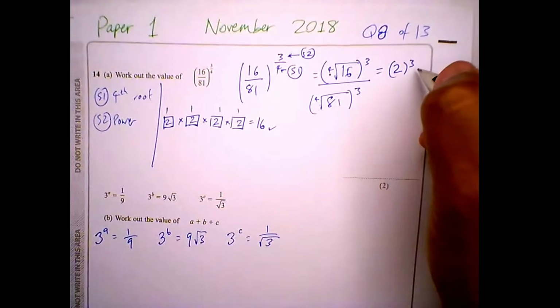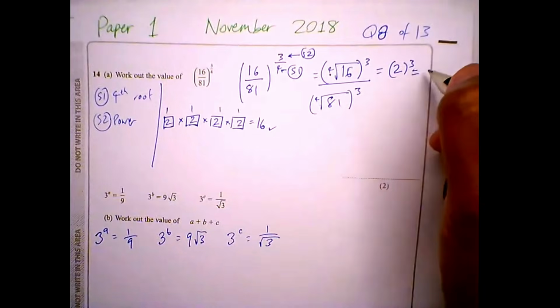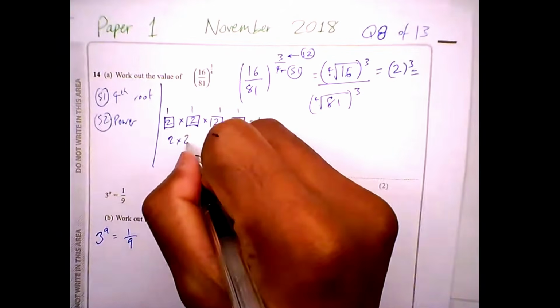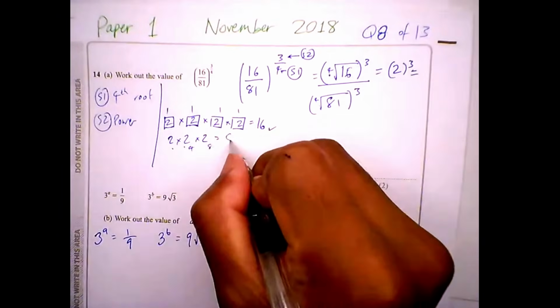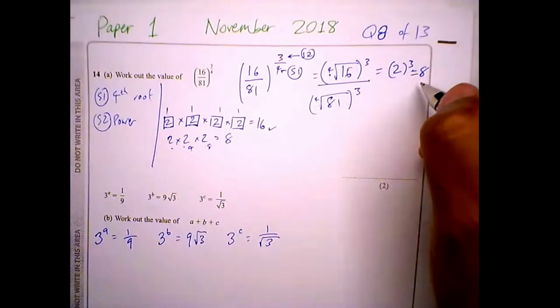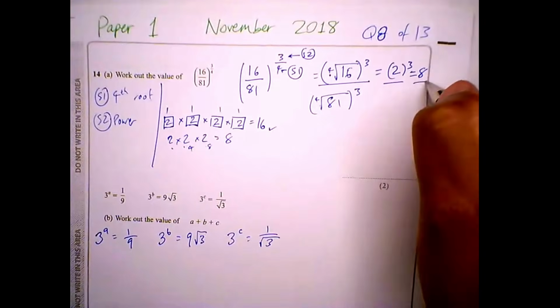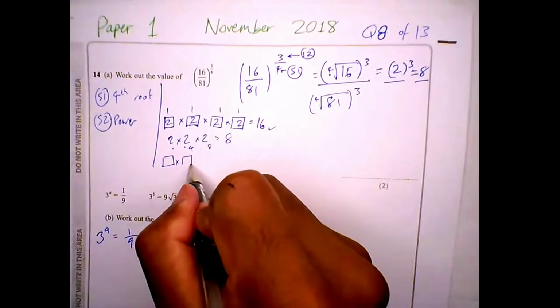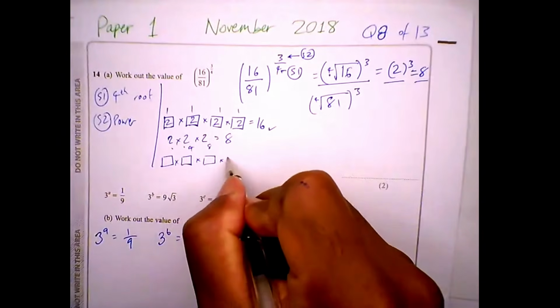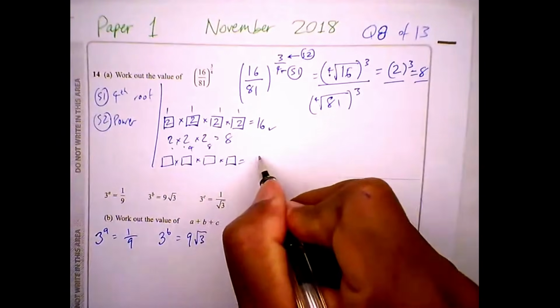And so now this one you can work out. 2 times 2 times 2 is 2 times 2 is 4, times 2 is 8. Over what number multiplied by itself 4 times gives me 81.